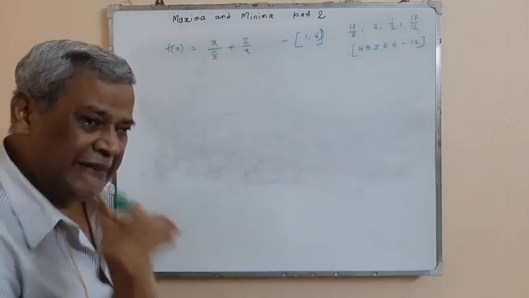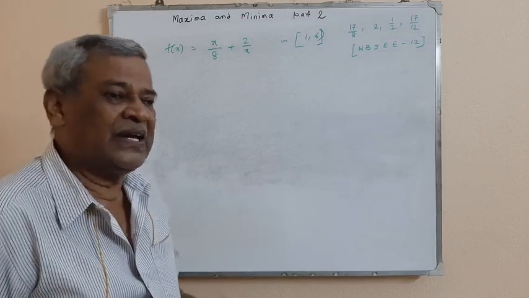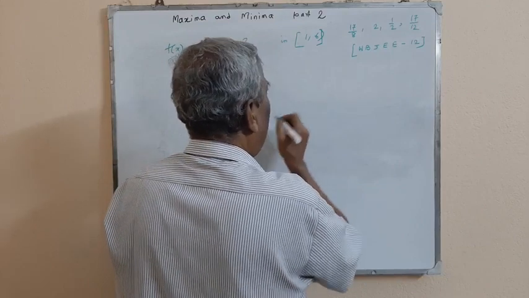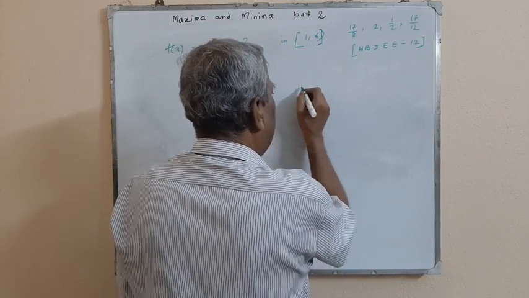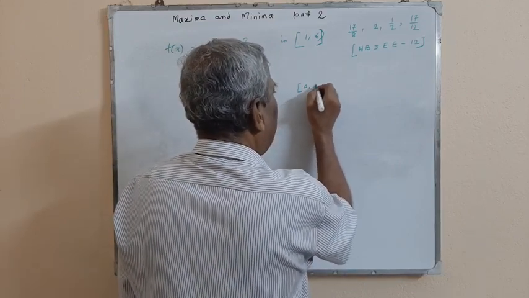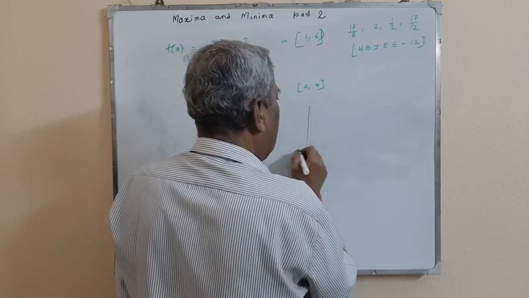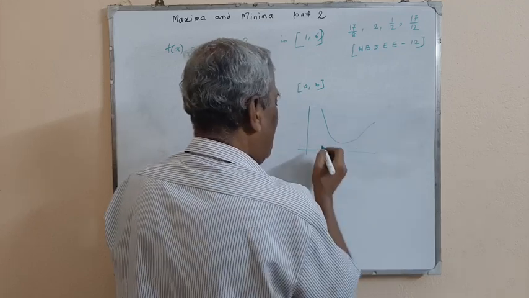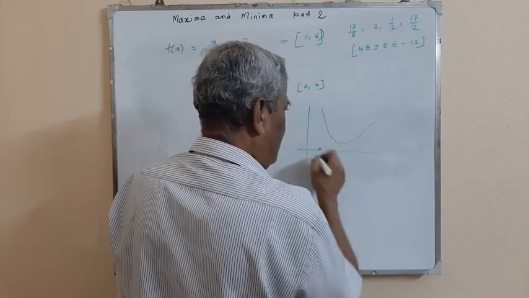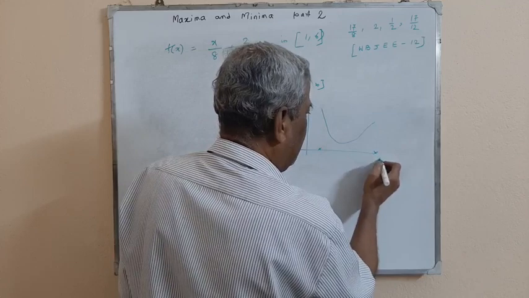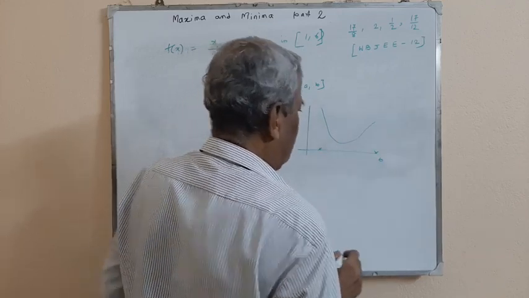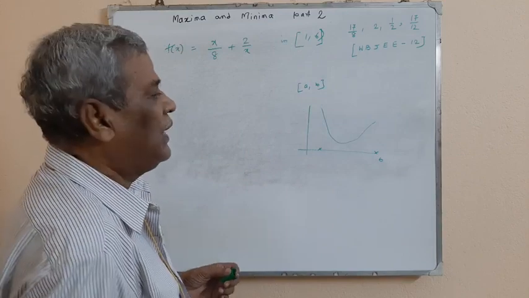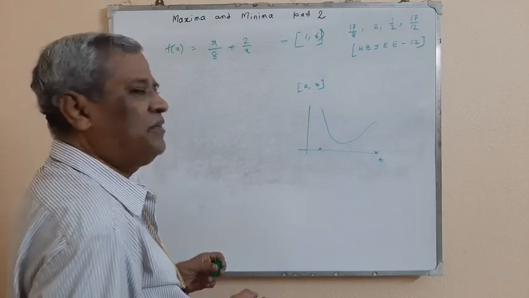One thing I discuss before solving the problem. Suppose in an interval, say A to B, one function is given like that. It is A, it is B. In that interval, one function is given, and we can find at what point its derivative vanishes.